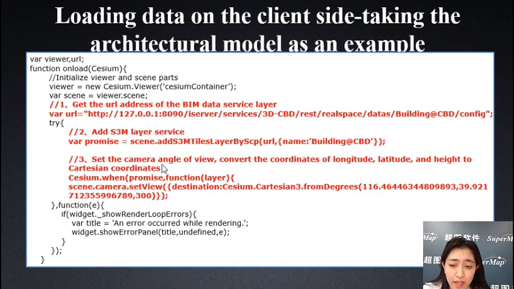Then the third step is to load and pass the promise of the parameters of the layer just added through then, pass it a callback function, and then set its camera's perspective through scene.camera.setView.